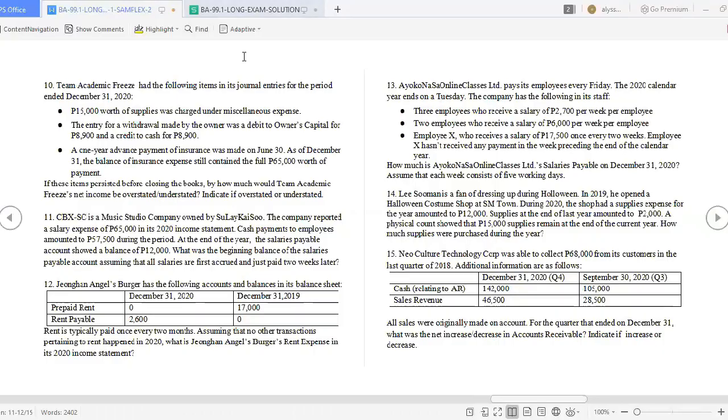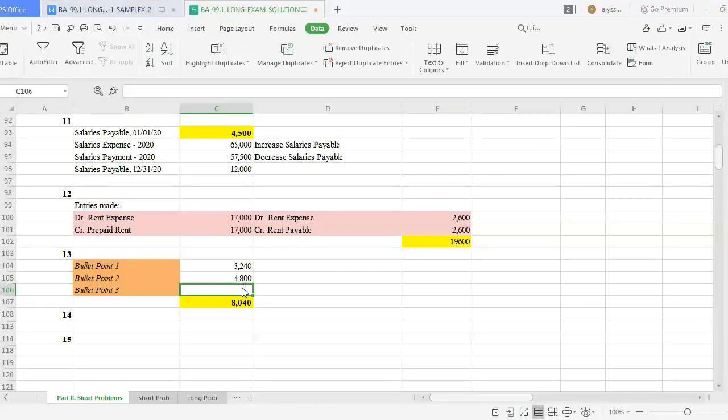So that's 7 days in total. So 17,500 times 7 days divided by 10. So that's 10 days, so 2 weeks. The correct answer is 20,290 salaries payable.